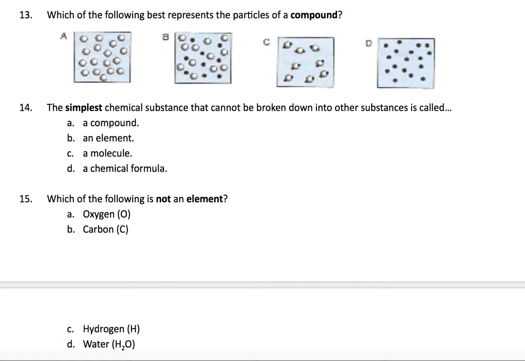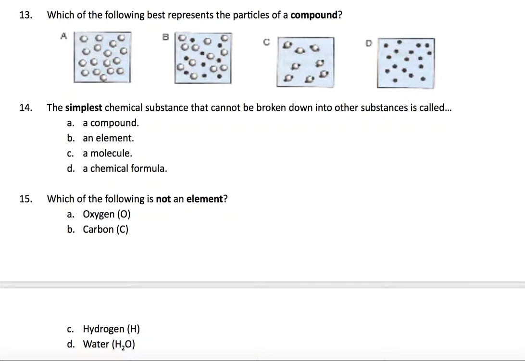Question 13. Which of the following best represents the particles of a compound? A, B, C, or D? 14.